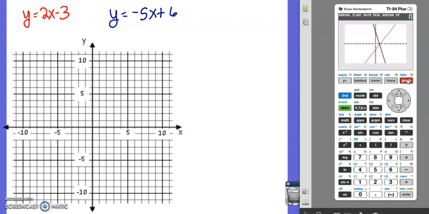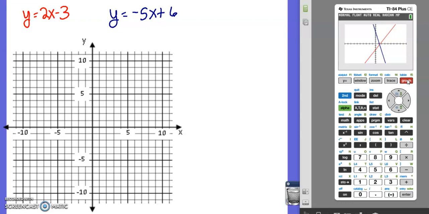Now, the point of intersection, I want you to be very, very accurate on this. I want you to be accurate to the 1,000th place, in other words, the third decimal place. It looks like it crosses at around 1.2 or something like that. I want to find the exact point of intersection.